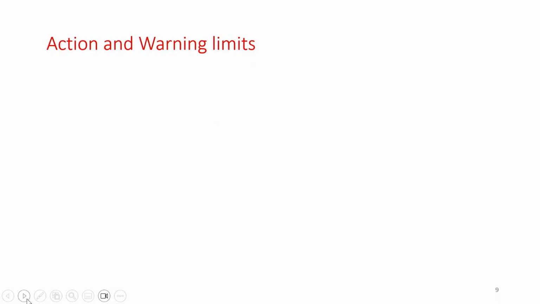Now the point is, these limits that we have specified are based on the significance level. Now we have limits which are known as action limits and warning limits. What is action limit and what is warning limit? We are going to discuss. First of all, action limits.